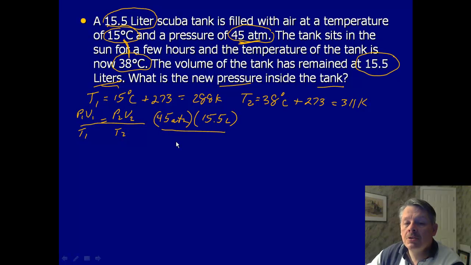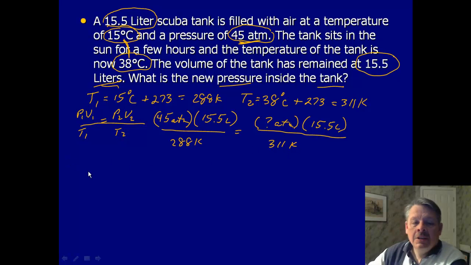My initial temperature is 288 Kelvin. And my final pressure, what's the new pressure? I don't know. That's going to be in atm, because my units have to be consistent. And I'm at 15.5 liters. And I'm at 311 Kelvin.